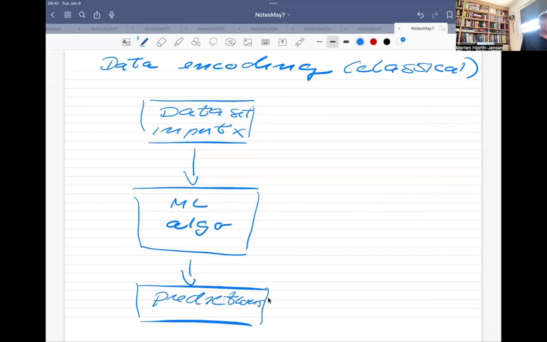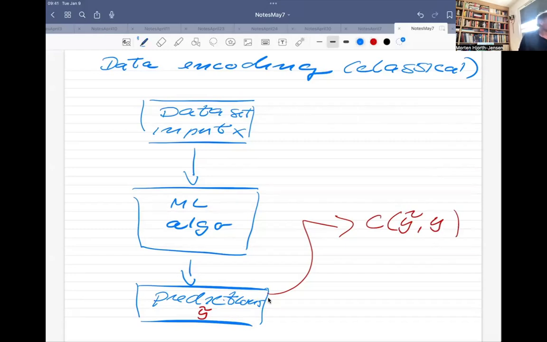And this prediction is something which we would typically label with a y tilde. These predictions then enter a cost function, which depends on our predictions and the data sets which we want to reproduce. So this is the classical algorithm for a machine learning process.